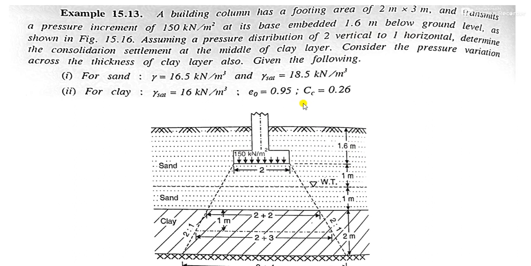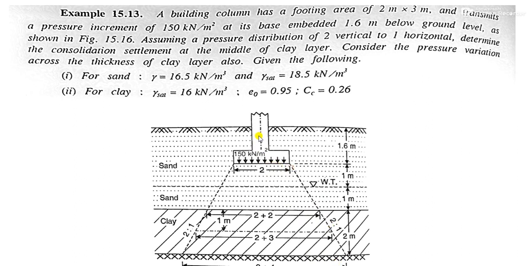Assuming a pressure distribution of 2 vertical to 1 horizontal. Okay, this is the pressure distribution diagram. The load from the footing is distributed to the soil, the underground soil.